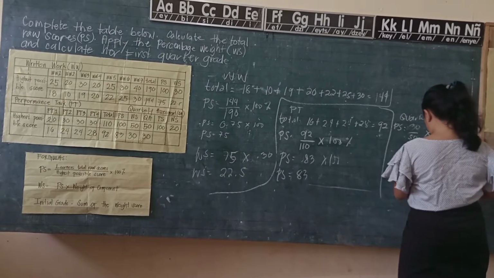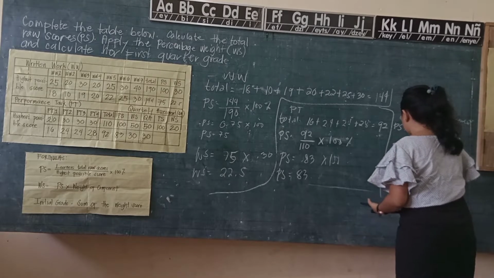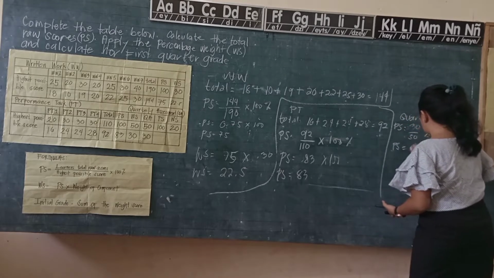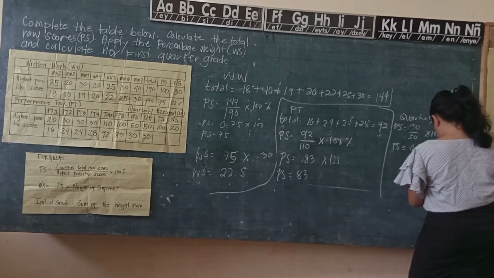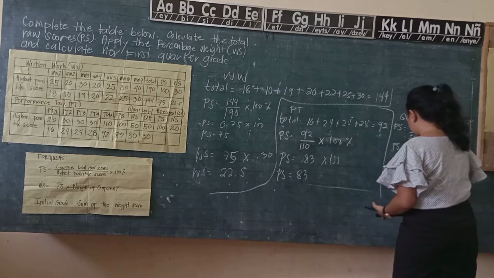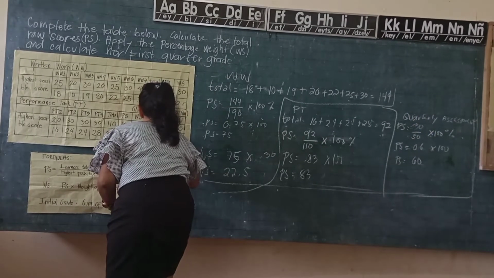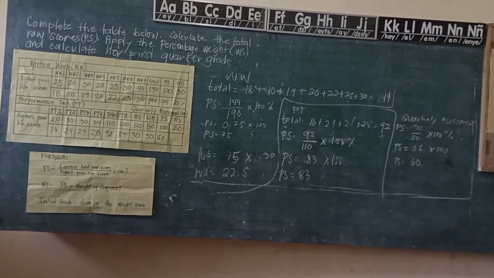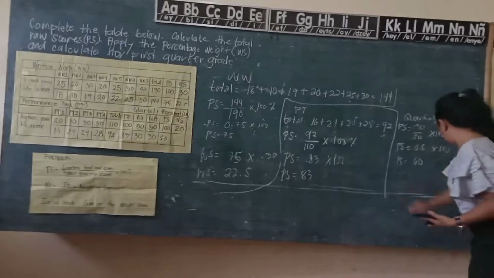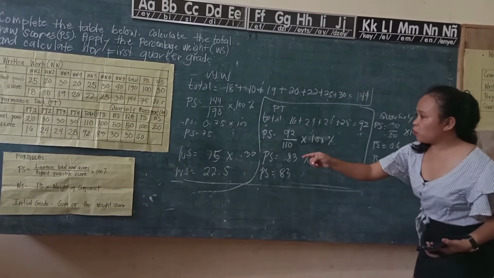So 30 divided by 50 would be equal to 0.6, times 100 is equal to 60. So let's get the weighted score. It is equal to PS times weight of components.